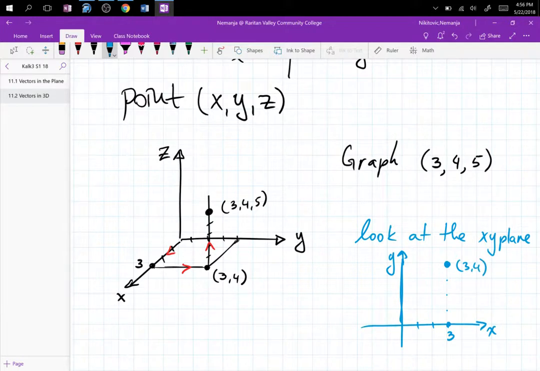So this is just the floor. Now it's very important to connect what you see here with what I have in the blue and a corner.